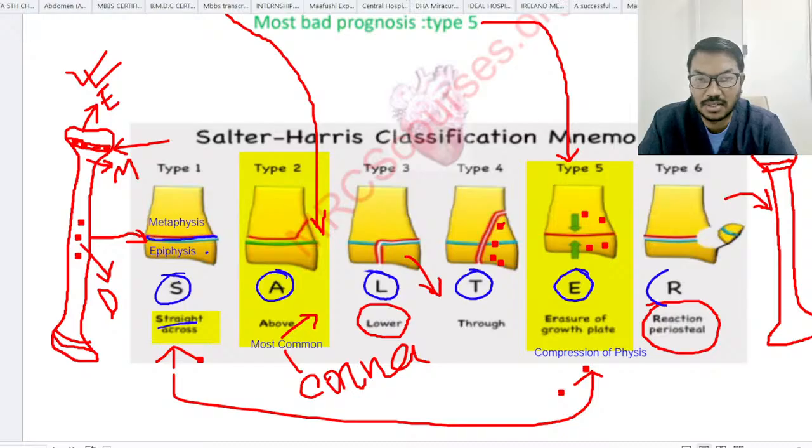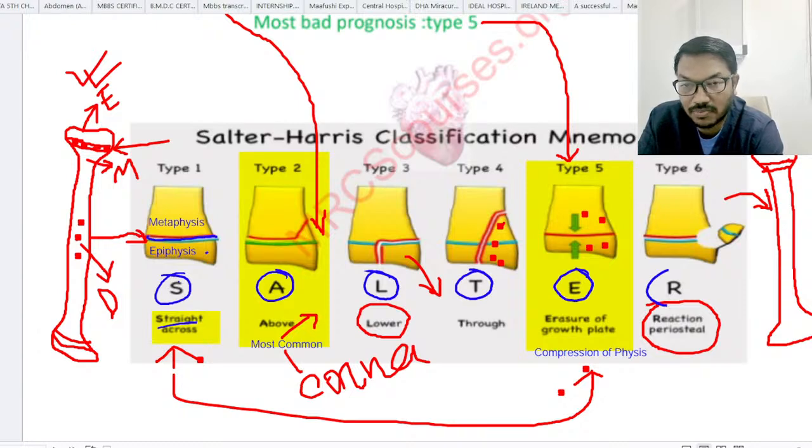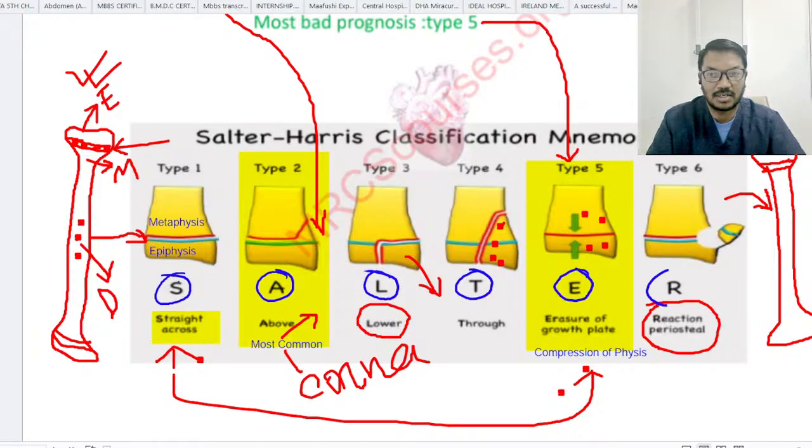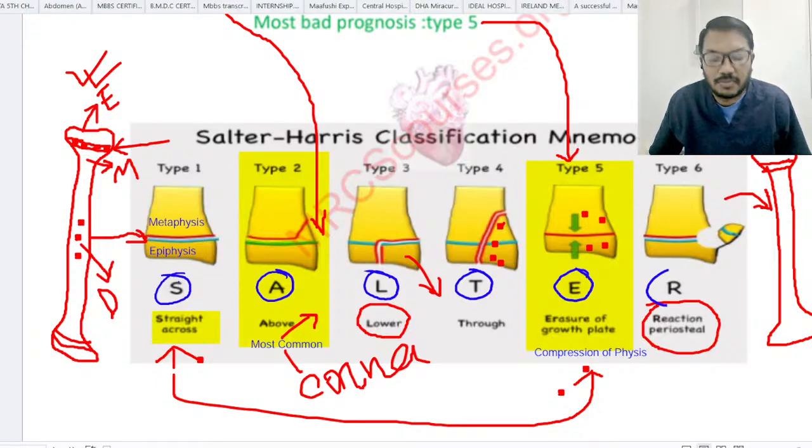We use this classification for children, not for adults. For children, epiphysis and metaphysis, these are growing bones, not the adult bone. In the growing bone, there will be epiphysis, metaphysis, and in between them there will be epiphyseal cartilage. Mainly this classification is based on the location of the cartilage in between epiphysis and metaphysis.